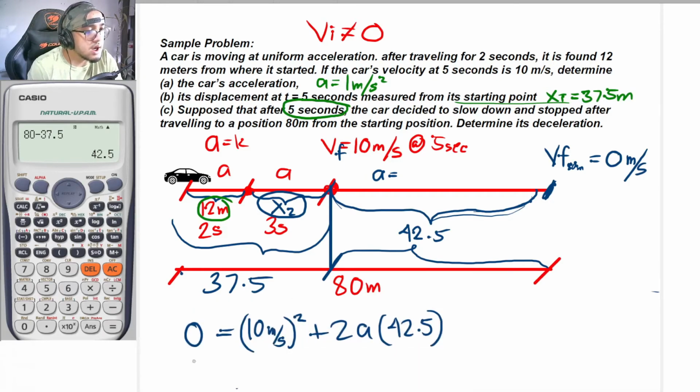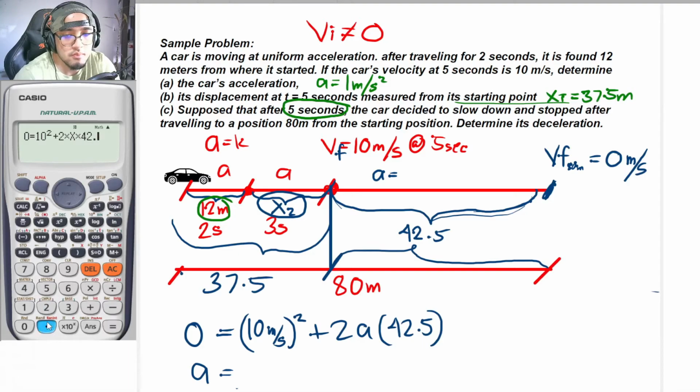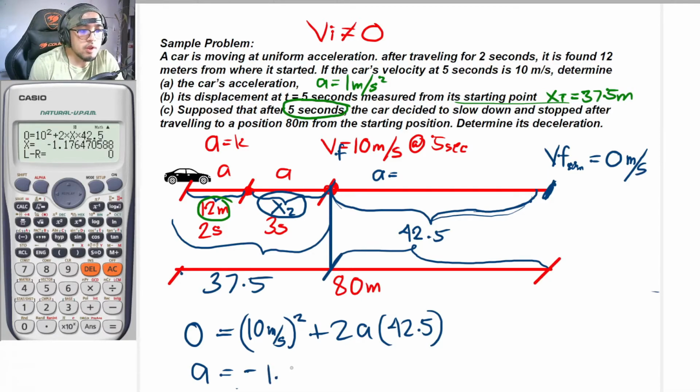So the acceleration, via shift solve once again: 0 is equal to 10 squared plus 2 times alpha x times 42.5. So shift solve. Our answer here is negative 1.1765 meters per second squared.